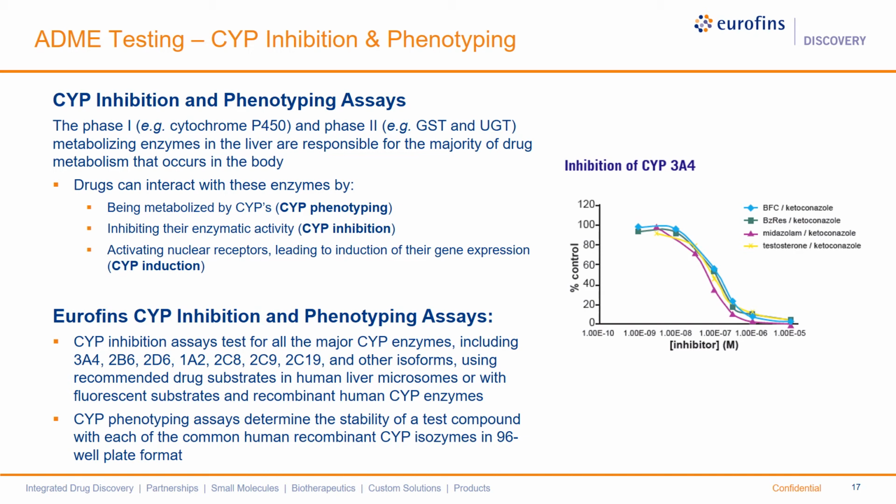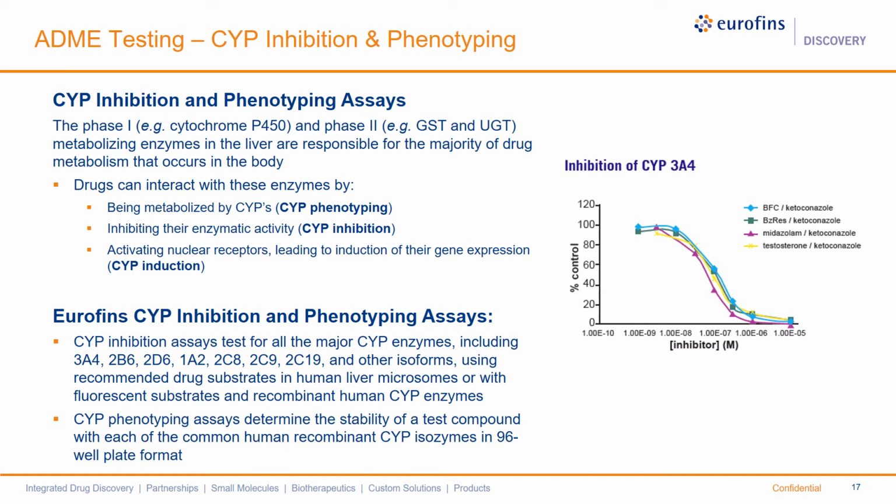So Eurofins offers a variety of different assays to evaluate CYP inhibition and CYP phenotyping. There are a number of different assays available to look at the variety of different CYP enzymes, including assays for 3A4, 2B6, 2D6, 1A2, 2C8, 2C9, and 2C19, as well as a variety of other different isoforms.